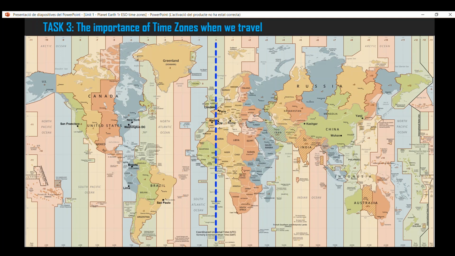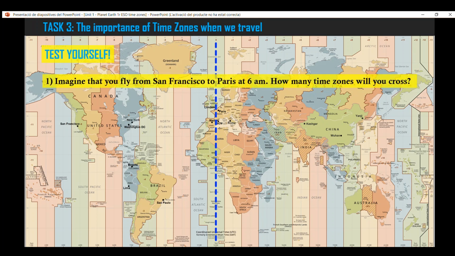Okay, after listening to all this theory, let's do some practice. First, look at the map and answer the following questions. Question 1. Imagine that you fly from San Francisco to Paris at 6 a.m. How many time zones will you cross? Exactly, 9 time zones.